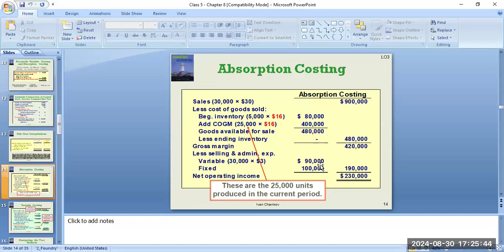Variable cost is variable cost and fixed cost is fixed cost. The administrative expenses are directly expensed. Since we have $30,000 more in our inventory, that $30,000 is going to hit us in our cost of goods sold. So our cost of goods sold will be $30,000 higher, and our operating income should be lower by $30,000. Let's see if that's the case.